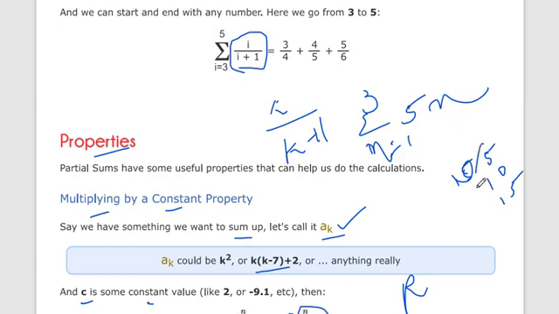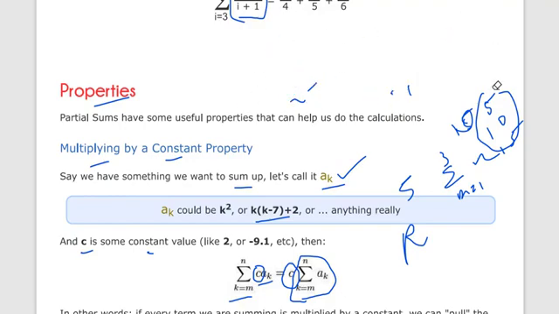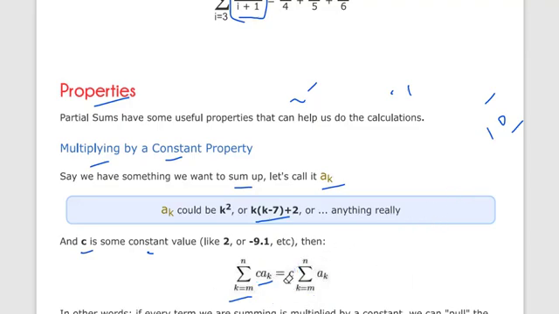You can add like this, or you can take 5 common out and sum n for n equals 1 to 3. It will become easy in multiplication if we take the constant value common out. So this is the first property of summation.